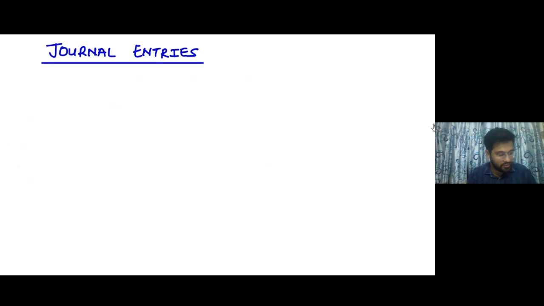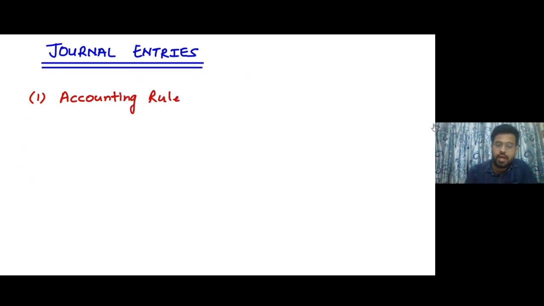These journal entries are the most basic thing they will ask you, and this is something you should have knowledge about. So for journal entries, first we are going to talk about some accounting rules. Let us look at the accounting rules first.